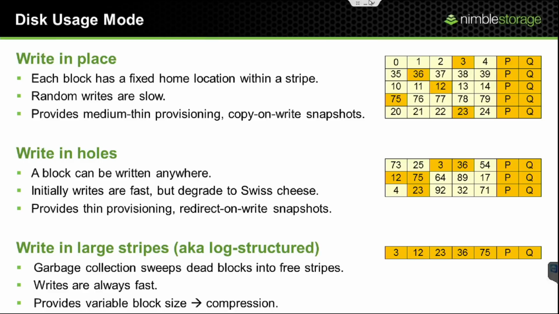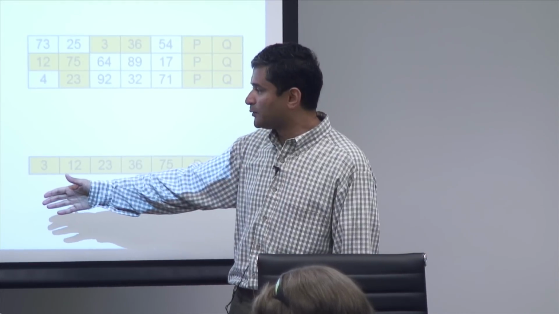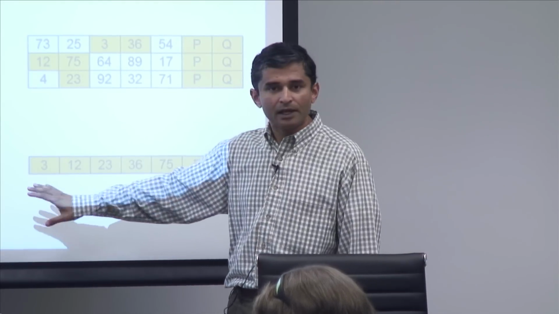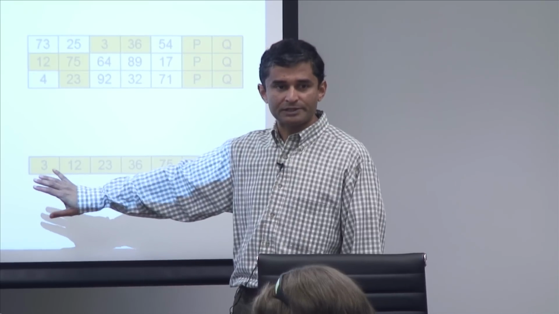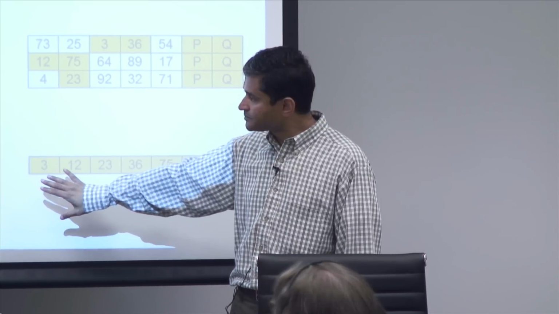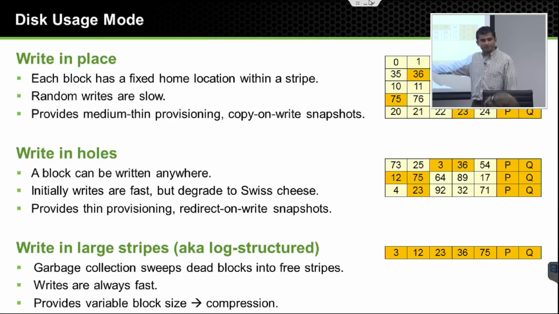And that has some challenges in that this garbage collection process is tricky to do efficiently, especially on hard disk. And I believe we are unique in taking this approach among primary storage systems for hard disk. But once you overcome these engineering challenges on garbage collection, the payoff is huge. Basically what it means is that writes are always fast, even as the system ages.